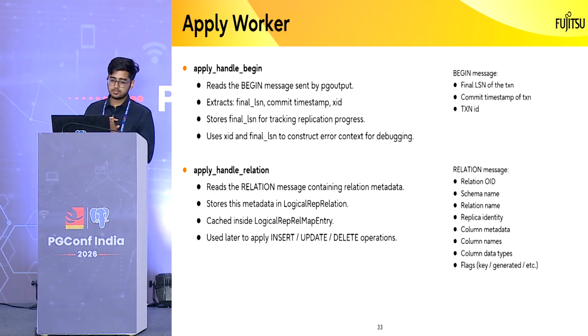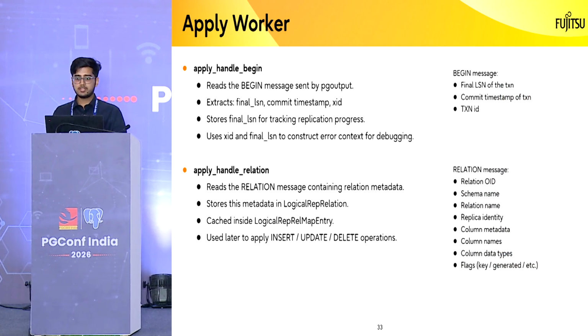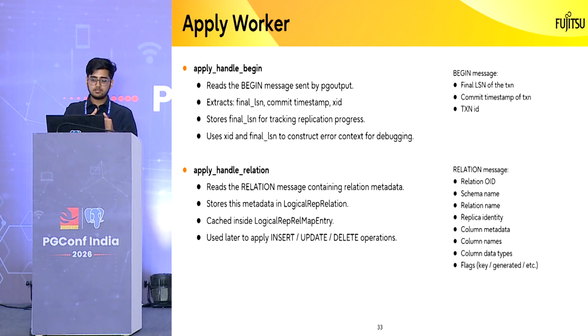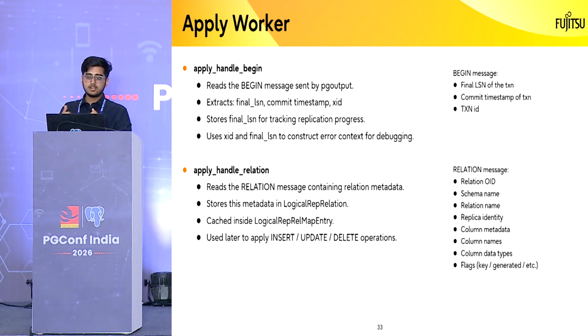When the begin message is read inside apply handle begin, it will extract the final LSN, commit timestamp, and the XID of the transaction. Then it will store this final LSN value locally for tracking replication progress, and it will use the XID and the final LSN values to construct the error context for debugging.